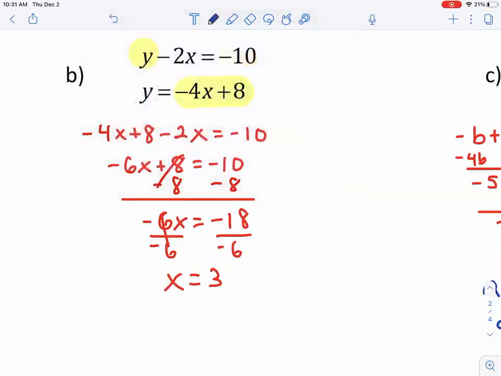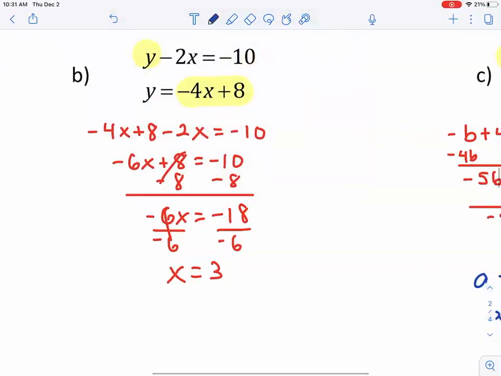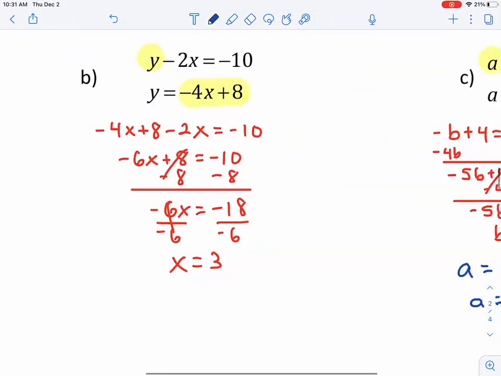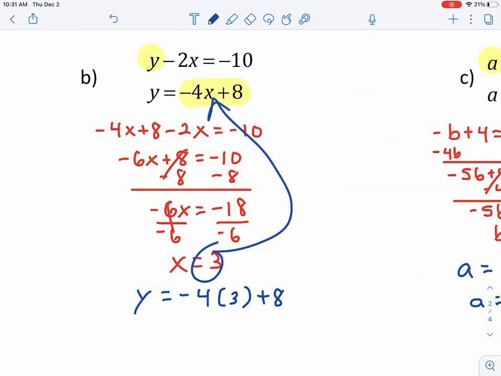All right, now that we know that x is 3, I now can take that and plug it in for x to solve for y. So I get y equals -4 times 3, and then plus 8. Okay, so again, I took that 3 and I plugged it into that equation for x, since x was equal to 3.